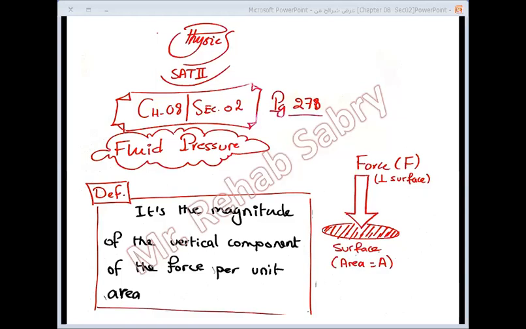اتفضل يا محمد. يلا. What is the formula of the pressure? Again, what is the formula of the pressure?